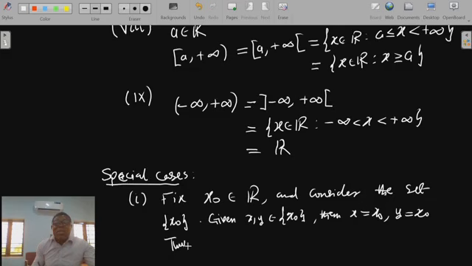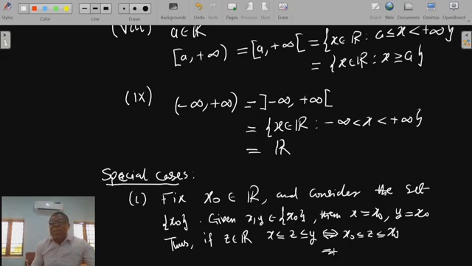Thus, if z in R is such that x is less or equal to z, less or equal to y, this is equivalent to x naught is less or equal to z, less or equal to x naught, which is equivalent to z is equal to x naught.